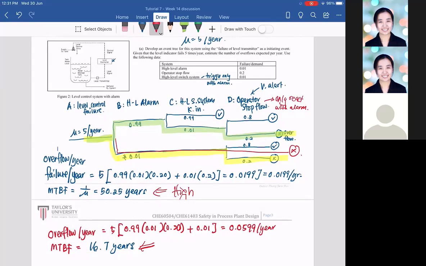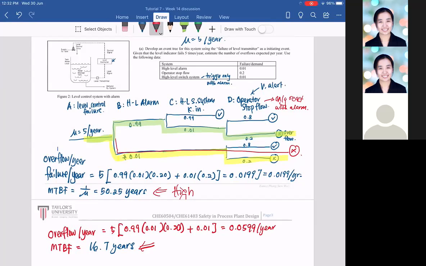That potential of incidents might just increase from once in 50 years to once in 17 years. And that is actually very serious. Any questions so far?